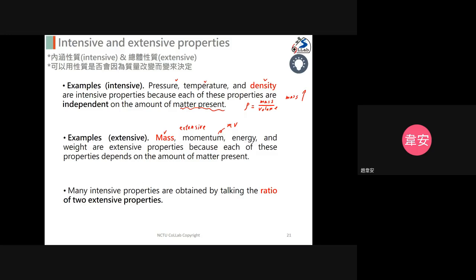And you see at the bottom center, usually the ratio between two extensive properties is an intensive property.